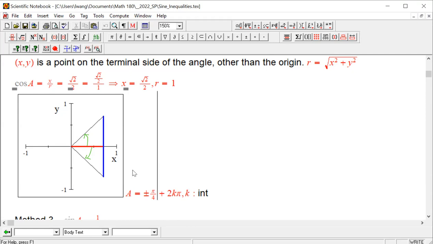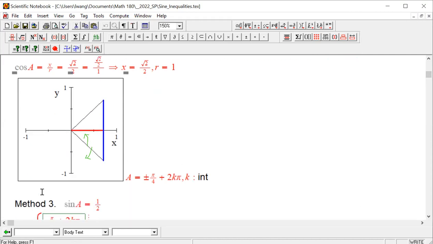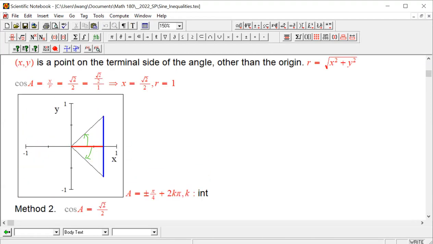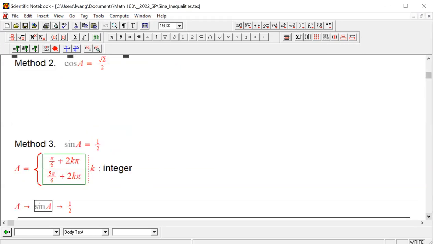But for this second method, I want to draw you another picture and give you another perspective. So, another version of method 2. Instead of treating this as a unit circle, which you can always do, I'm going to treat it as radius 2 instead of radius 1.